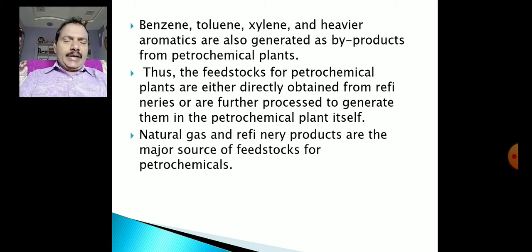That means the feedstocks are received from the oil and natural gas refinery system, and sometimes they can also be generated within the petrochemical plant itself. Natural gas and refinery products are the major source of feedstocks for petrochemicals.